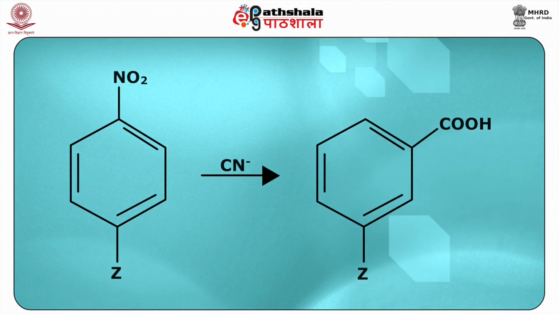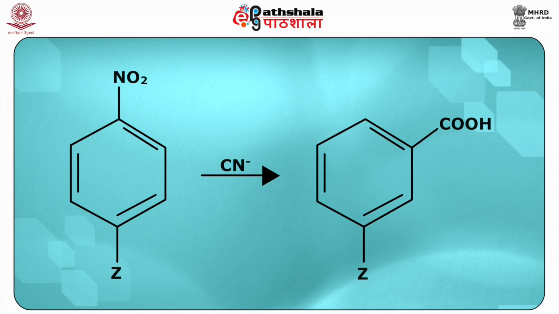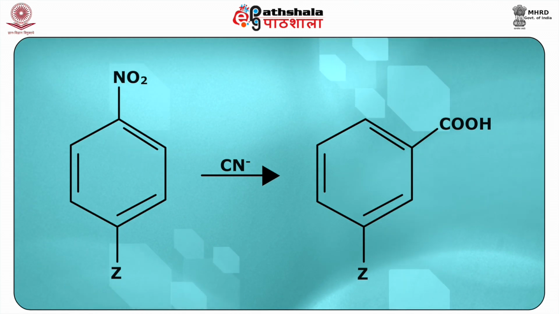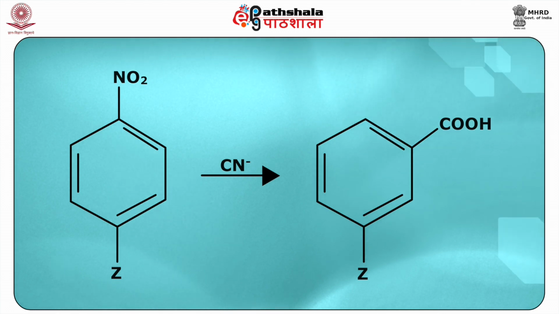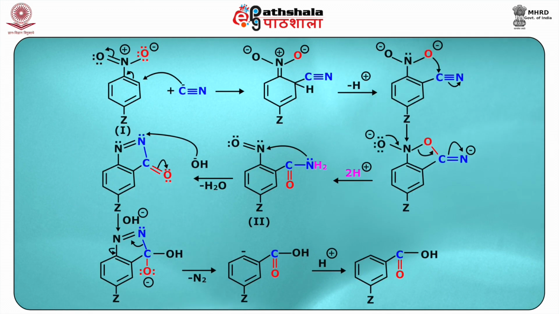Another name reaction involving nucleophilic aromatic substitution is the very famous von Richter rearrangement. It involves a reaction of substituted aromatic nitro compounds with potassium cyanide to give carboxylation at the ortho position relative to the leaving nitro group.